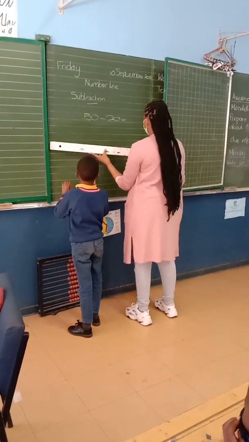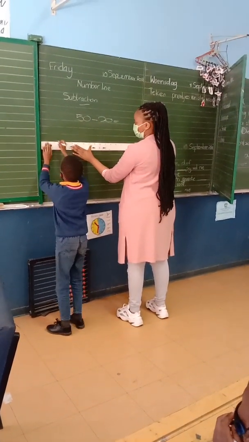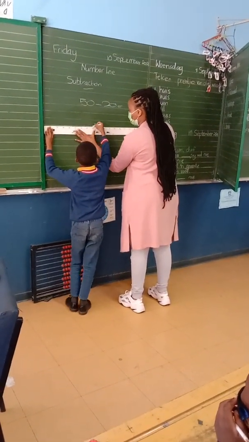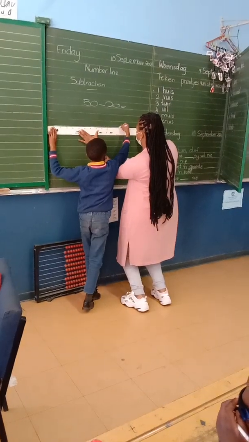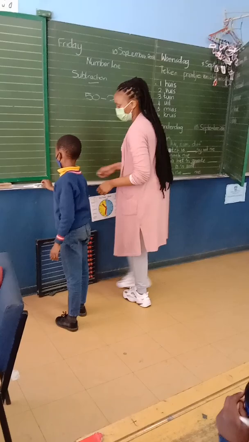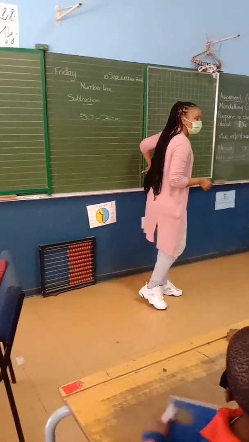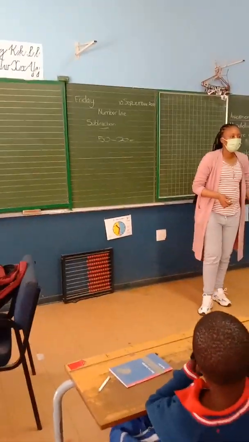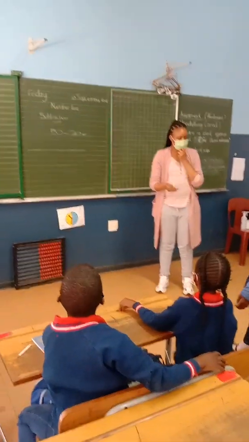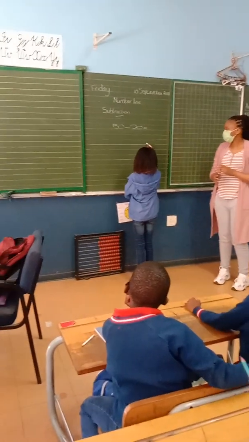What's the first step? Making a line, ne? Alright, we have a line. Who's going to do the second step? What's the second step? Make arrows.